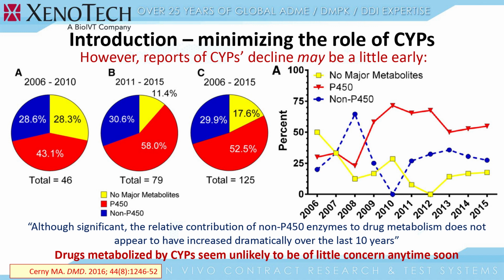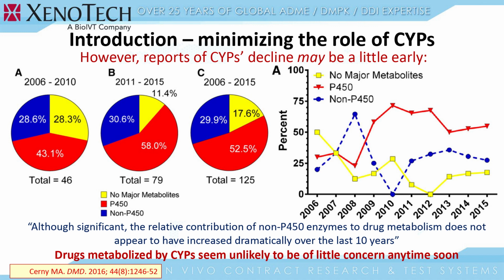Between 2011 and 2015, the amount of drugs approved that are metabolized by CYP enzymes increased to 58%, and non-CYP enzymes metabolizing about 30% of the drugs that were approved. And when we look at the data as a whole, about 53% of the drugs approved are metabolized by CYP enzymes, with about 30% being metabolized by non-CYP enzymes.